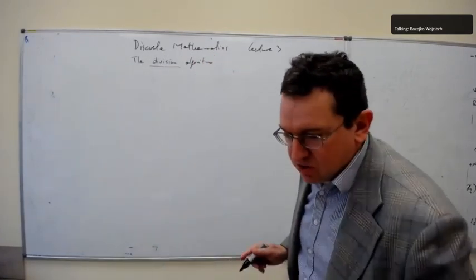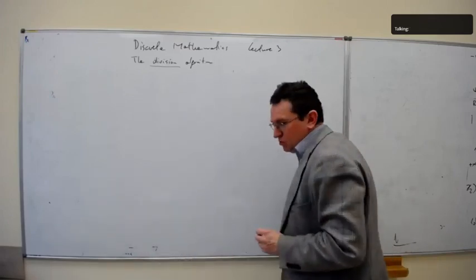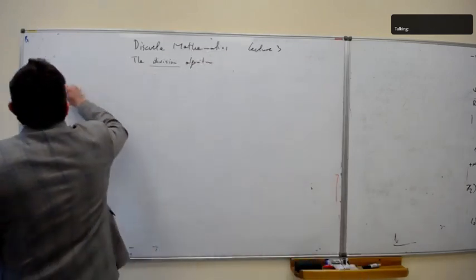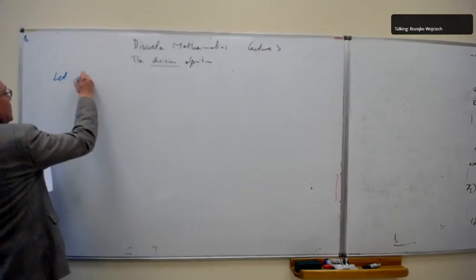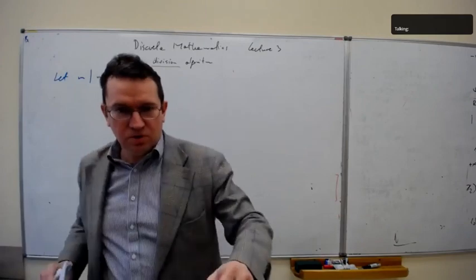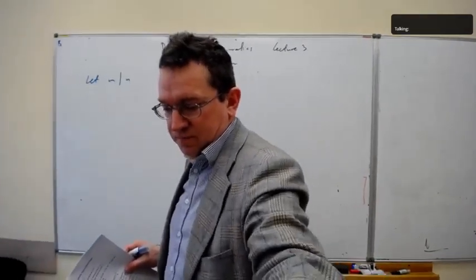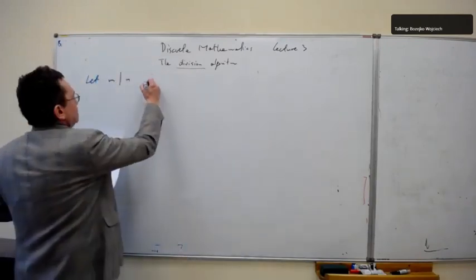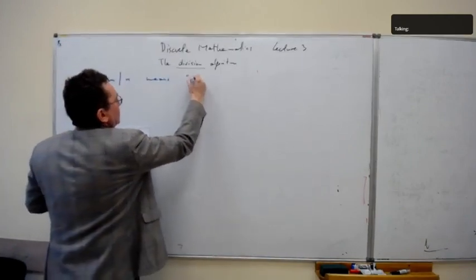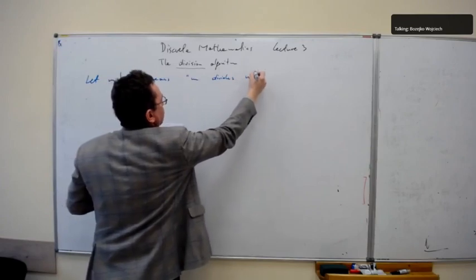Okay, so let's assume that we have two numbers, m and n, and we would like to divide one by another. Let m | n mean m divides n.